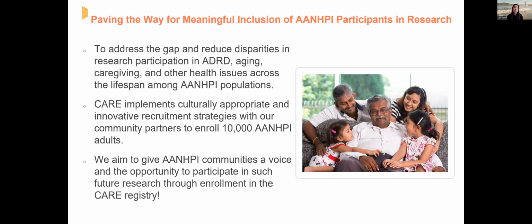With partnerships with a couple dozen plus academic and community partners who recognize these disparities in research participation, we wanted to think of an innovative way to improve research participation. So we decided to develop a recruitment research registry.